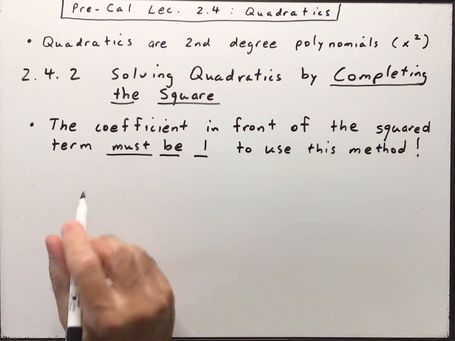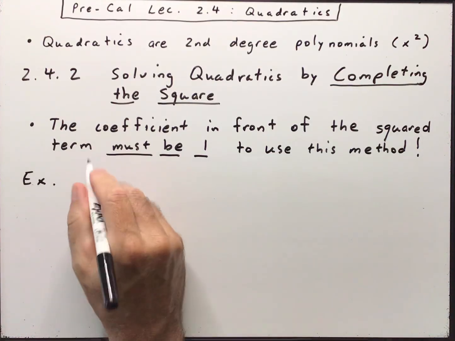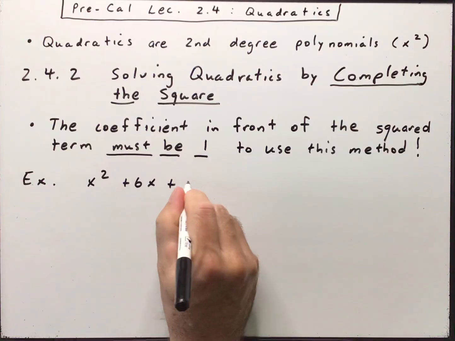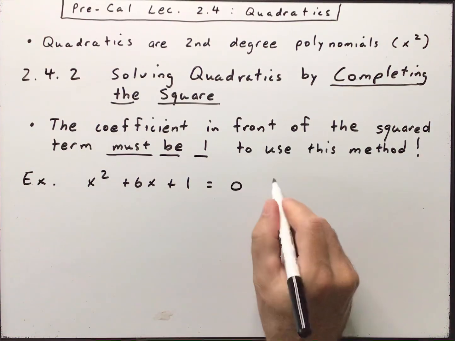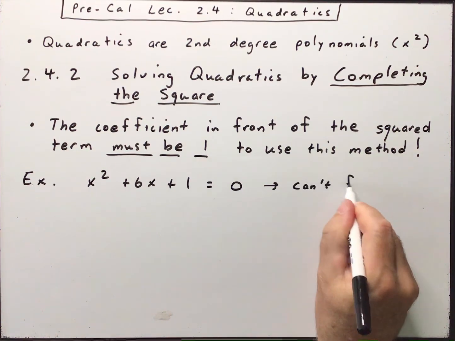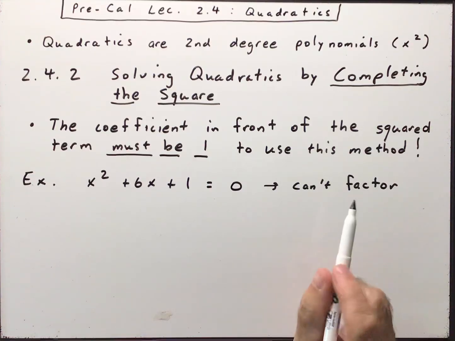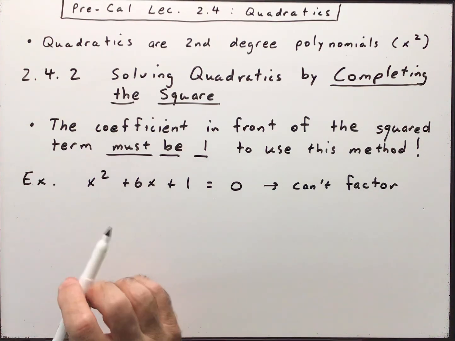Okay, so let me show you how to do this. Let's say we've got x² + 6x + 1 = 0. Well, you can try, but you can't factor that. So here's the technique. Now we've got the coefficient in front of x squared is 1, so we're good with that. This is what I want you to do.